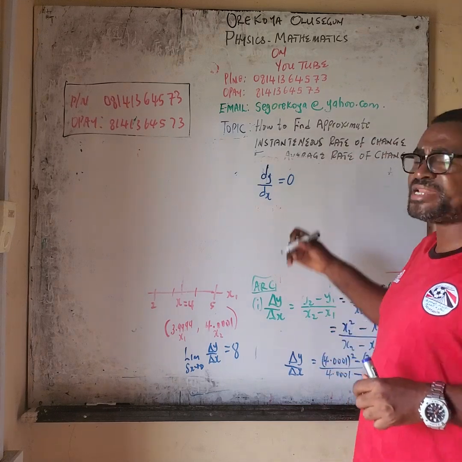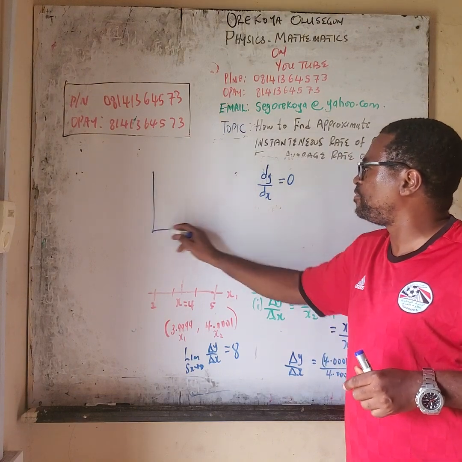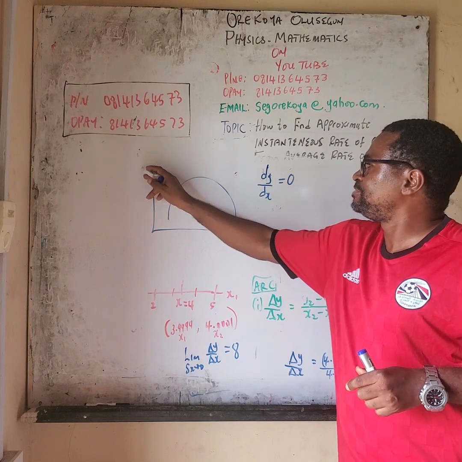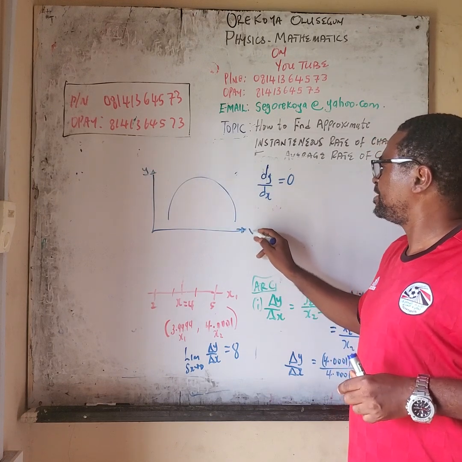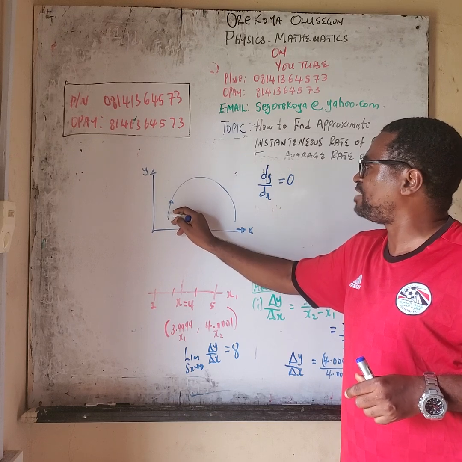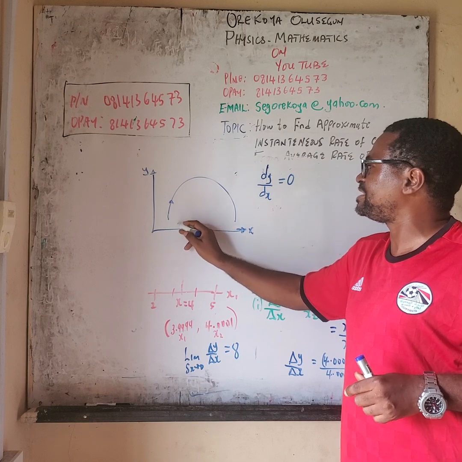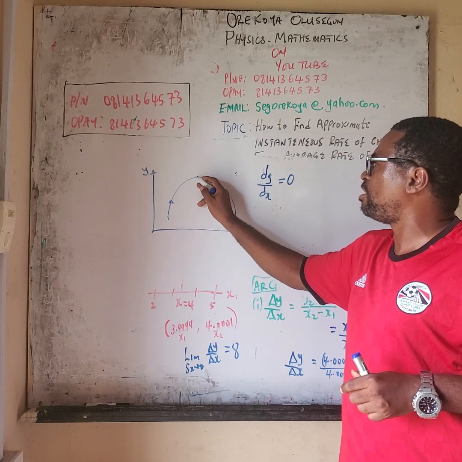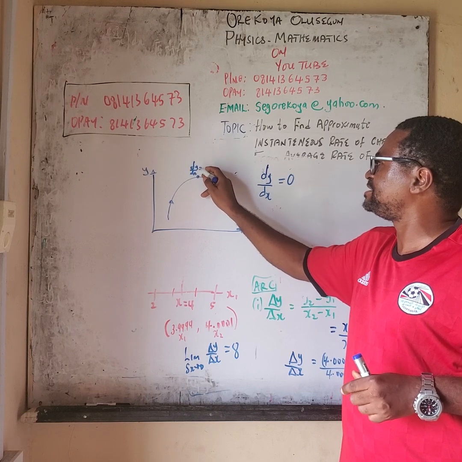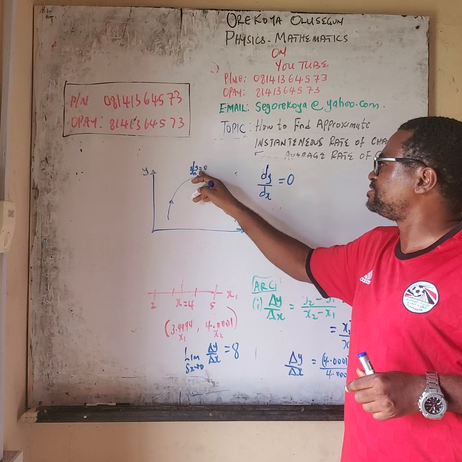That means the quantity is neither increasing nor decreasing. If you put this on a diagram like this, look at it. As you are moving along this curve, if you are looking at the y-axis, the value will be increasing. As you are looking at the x-axis, the value too will be increasing until you get to this particular point at which we have dy/dx equal to 0. The value will not increase nor decrease.